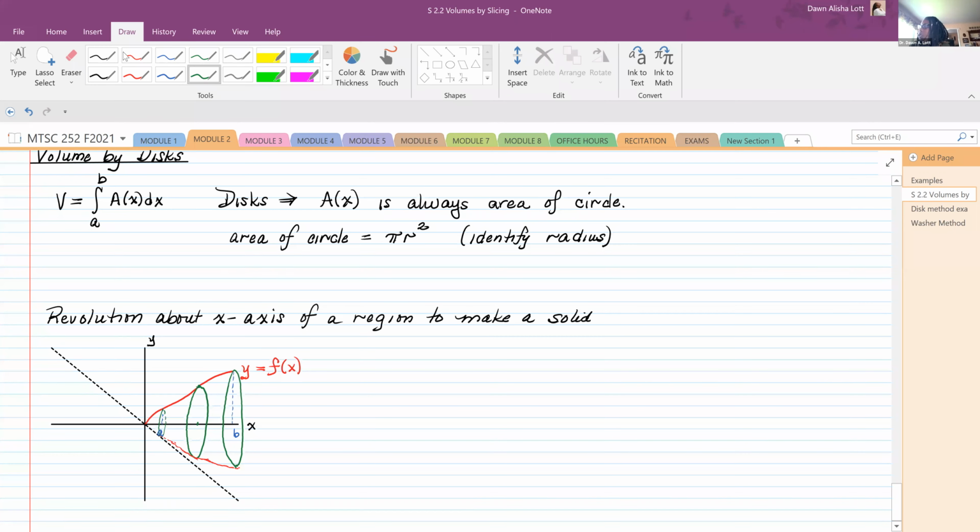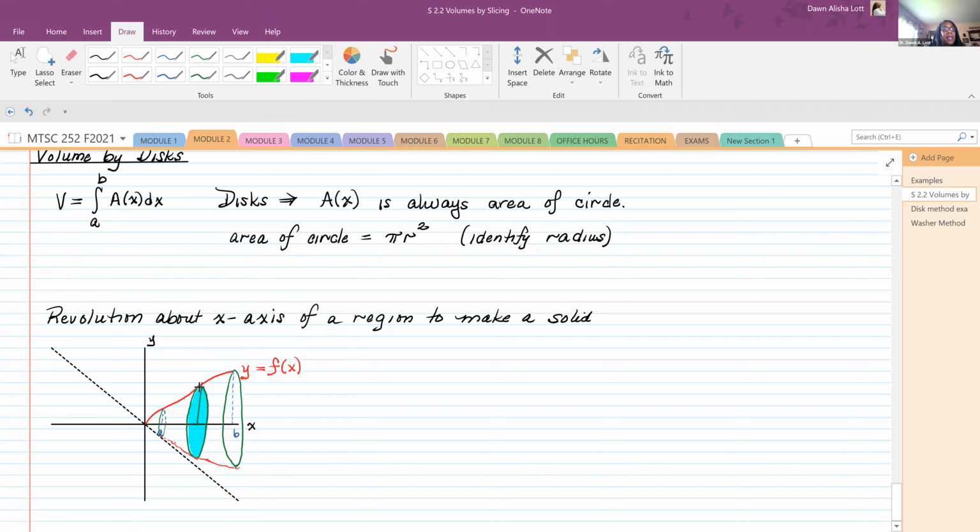Now you can see that the cross-sectional areas are actually discs. They are circles. So the area that I'm going to be looking at is always going to be a disc because I am revolving it about the x-axis. What I need to now do is find the radius of this disc.